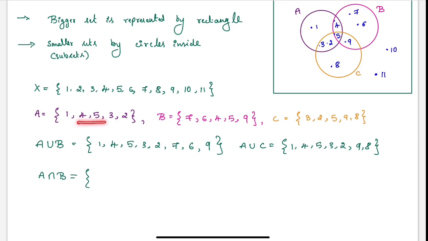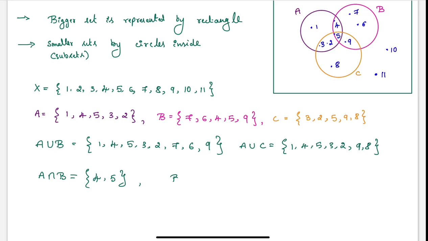We can see 4 and 5 are common. So A intersection B is 4, 5. You can observe this in the diagram as well: where the circles A and B are intersecting, we have written 4 and 5 in that place. So the intersection of A and B is 4 and 5. This is how the Venn diagram helps us see the elements and understand the operations.